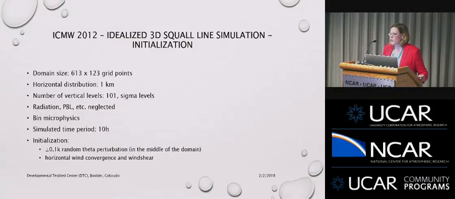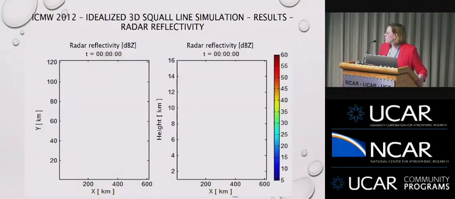All the radiation and planetary boundary layer effects, also surface-atmosphere interactions, were neglected. We used bin microphysics during a 10-hour simulation period, and to initialize the simulation, we used a theta perturbation and horizontal wind convergence in the middle of the domain. I will show some results briefly.